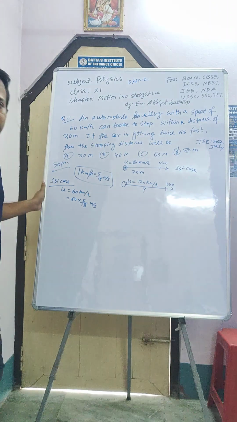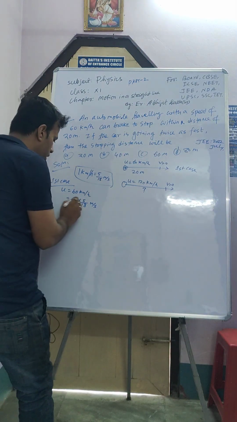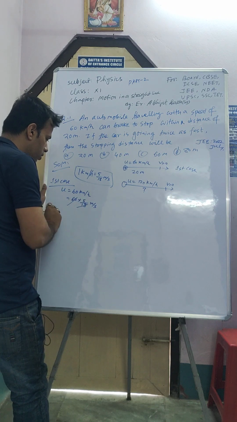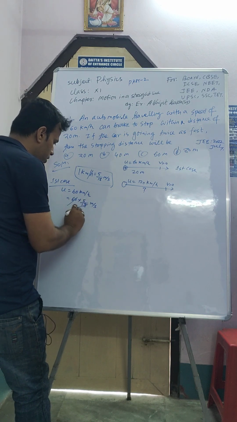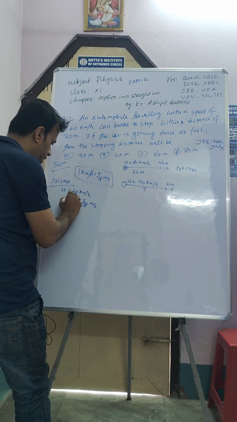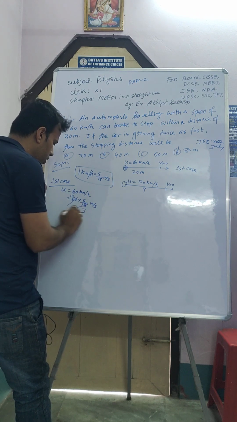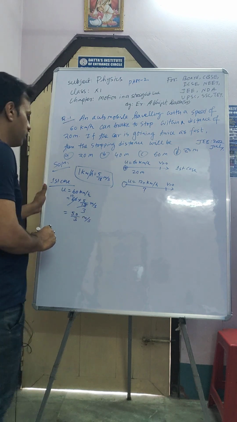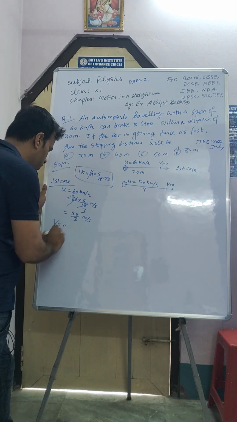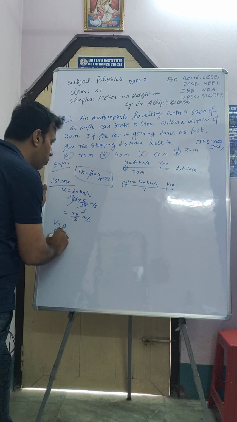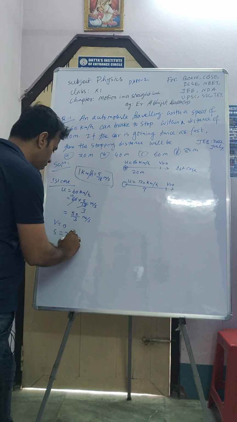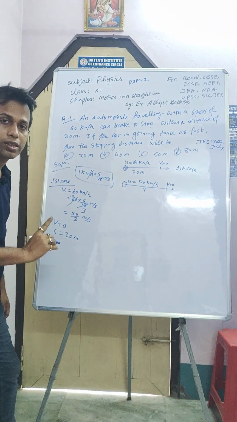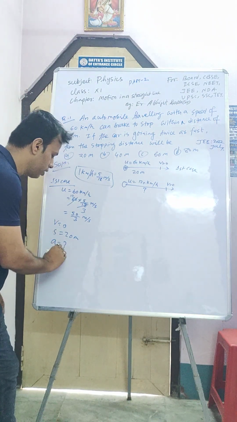So 60 times 5/18, if you cut by 6, it will be 10 and 3, that is 50/3 meter per second. v is 0, and s is 20 meter. So the acceleration, that is retardation, being negative, we have to find out.